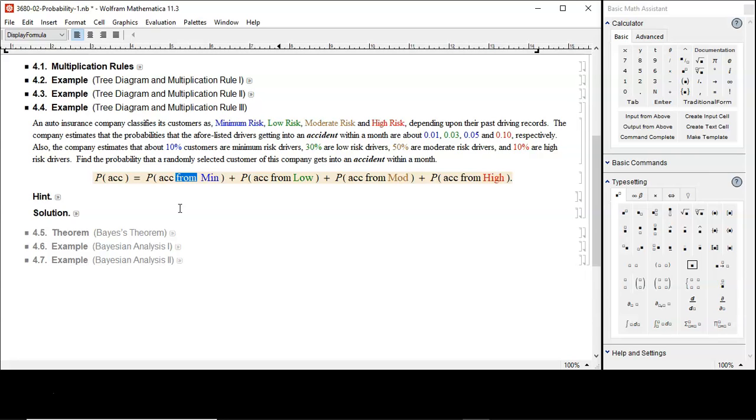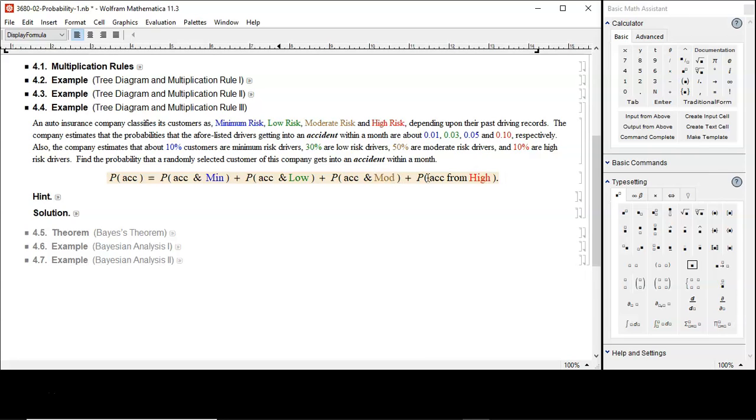Accident and minimum risk. Or having an accident and the driver is a minimum risk driver. Next is an accident and the driver that got into an accident is low risk. Make sense? They're all "and." No "or."